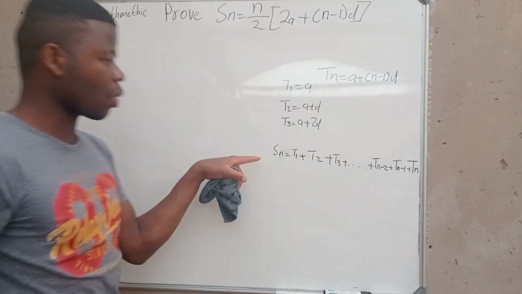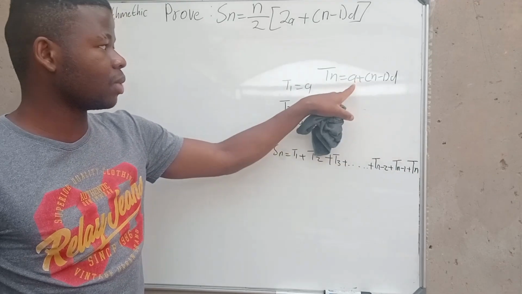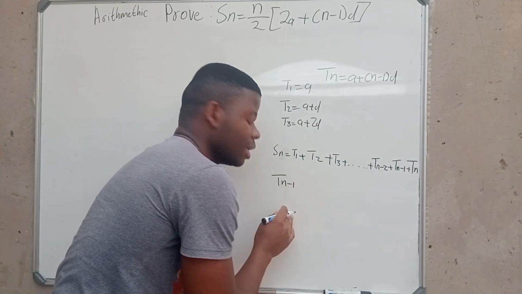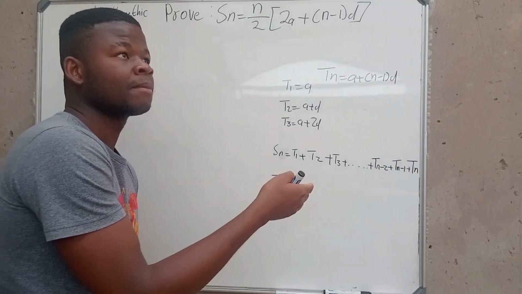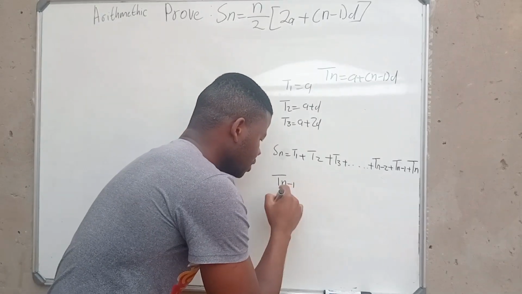So here we're going to use something like this, whereby Tn is equal to this, and then Tn minus 1. I'm talking about the term that is before the final term, which is Tn minus 1.